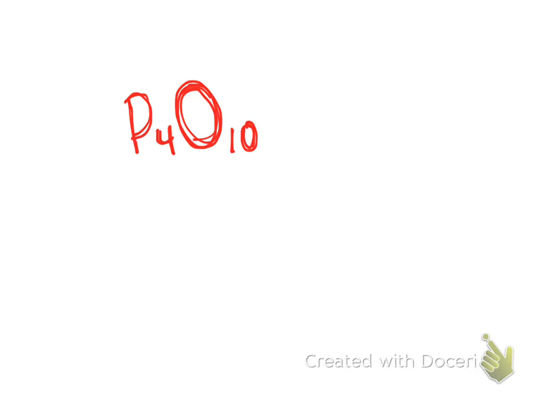Good. Tetraphosphorus decoxide. Okay. We know oxygen always has an oxidation number of -2. There are 10 of them. So total, that gives me a -20.